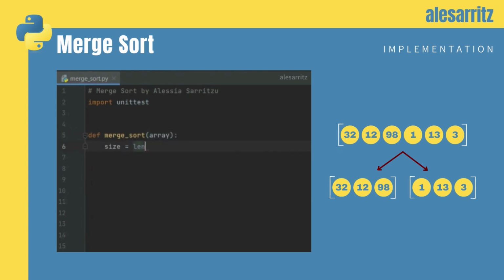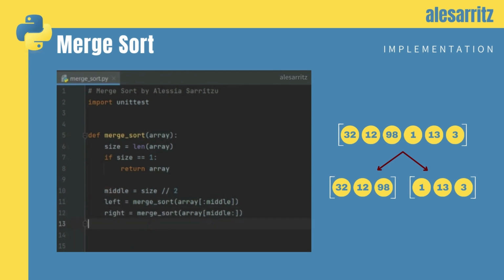Let's calculate the array's length and check if it's equal to 1 in order to avoid the useless recursive calls. Now, let's find the middle index of the array and generate two sorted subarrays. After all the recursive calls terminate their job, we can finally merge the two ordered subarrays and obtain our sorted array.